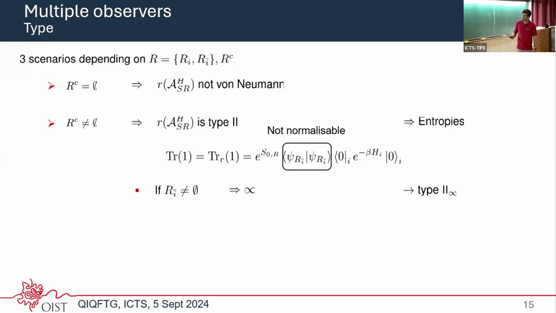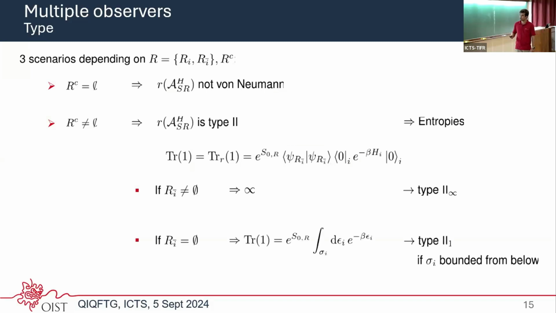Namely, if we consider more than one clock in our algebra of interest, then the type of the algebra will be II_infinity, mainly because we have this inner product of the thermofield double states, and those are not normalizable. They will lead to infinities. But if you only consider one clock, then you get the same case as in CLPW, namely you get a type II_1 algebra if the spectrum of that clock is bounded from below. And that's also what they considered at the end of CLPW by projecting on the positive real line.